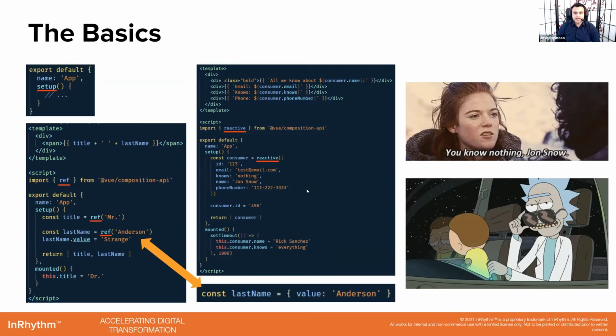So some people prefer reactive because it's more similar to what they already know with the Vue 2 options API. However, the trend I've been seeing, especially when using the composition API plugin in Vue 2, is to primarily use refs as it's more flexible. And we'll talk a little bit about that more later.